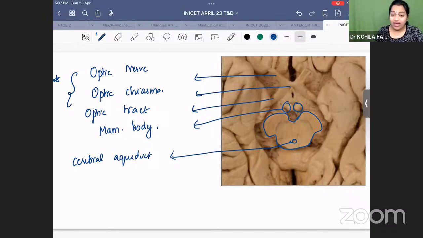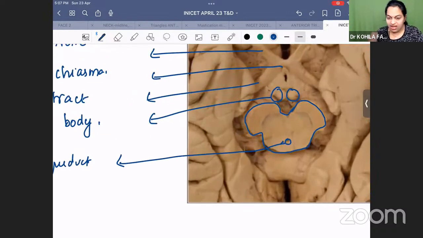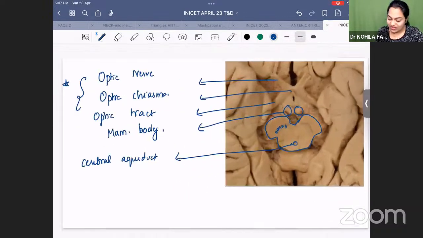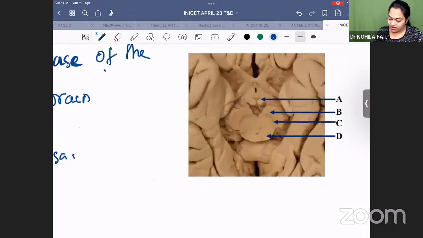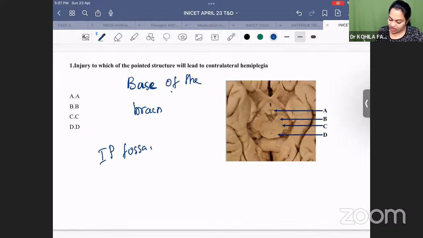And you can make out one dark structure here, right? This one is the substantia nigra. Now what is the pointed area? We'll go back to this. So A is the mammillary body. B is the area in front of the substantia nigra, which is nothing but the crus cerebri of the midbrain.